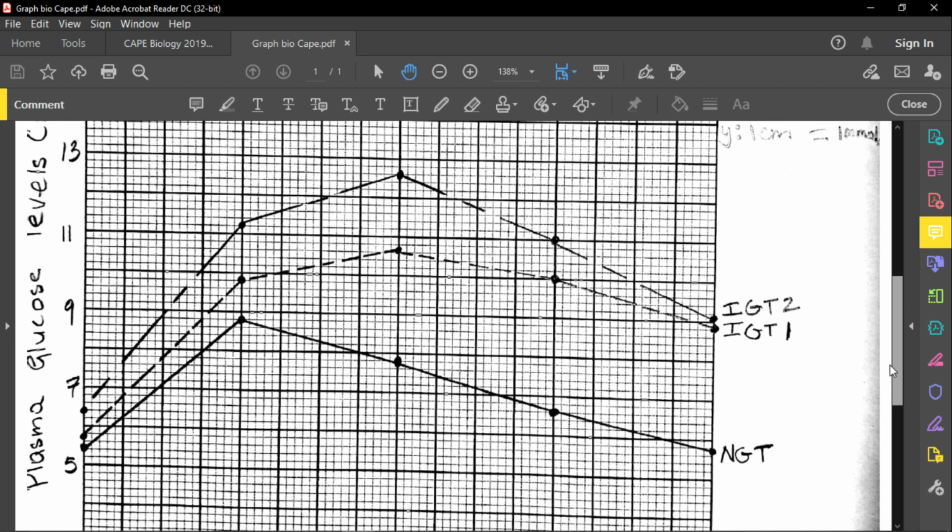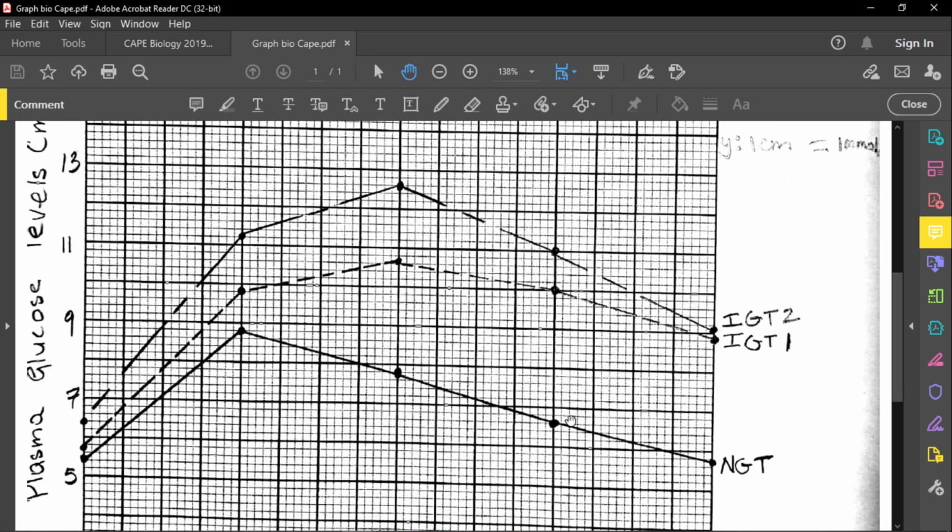Now the graphs were plotted, and you notice our NGT, which is our normal glucose tolerance, and our impaired glucose tolerance levels, which is represented by IGT1 and IGT2. So you have the fine broken lines for IGT1 and the longer broken lines for IGT2.